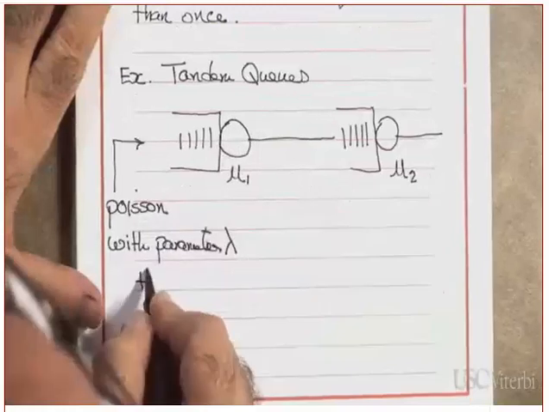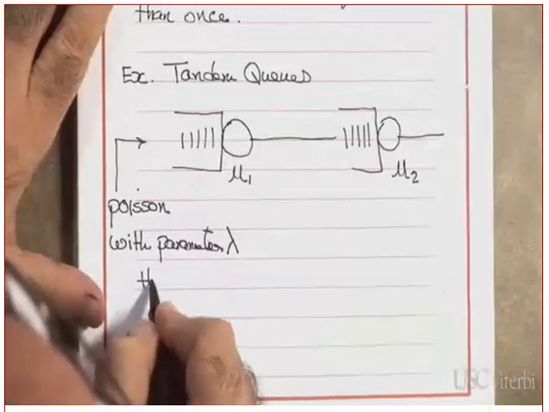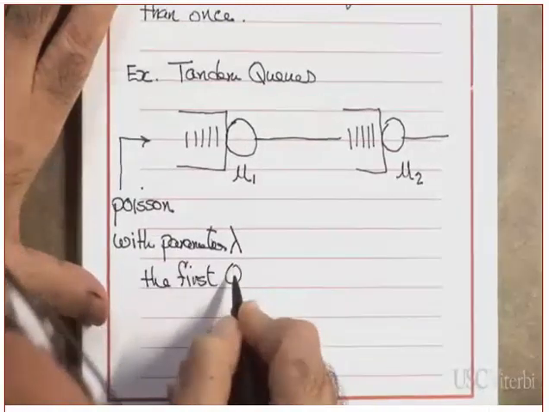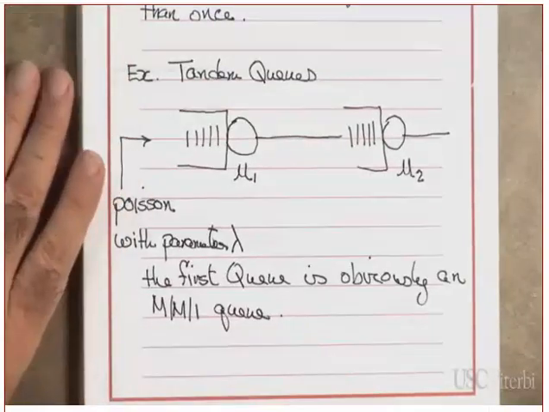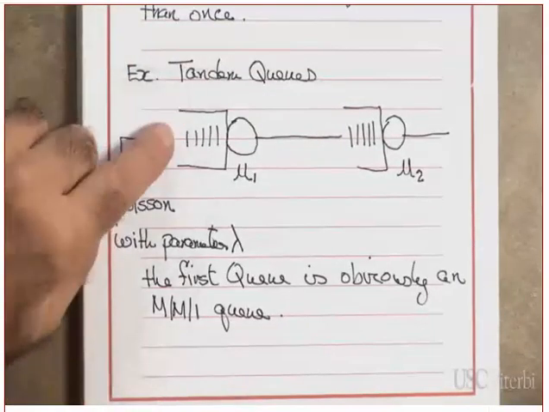Because the arrivals, these are external arrivals, because the arrival process is Poisson, and the service is exponential. Clear? Notice, by the way, I cannot say the same thing about the second one, unless I can prove that the arrival process to the second queue, which is the departure process of Q1, is also Poisson. If I can prove that, then it means I can treat this one also as an M/M/1. Clear? We will see.